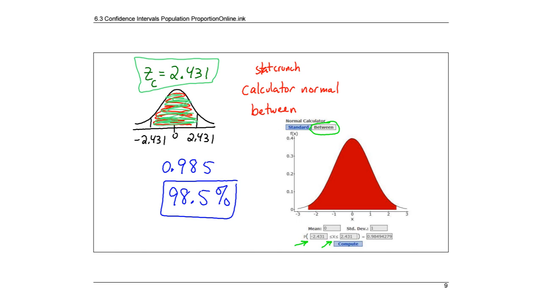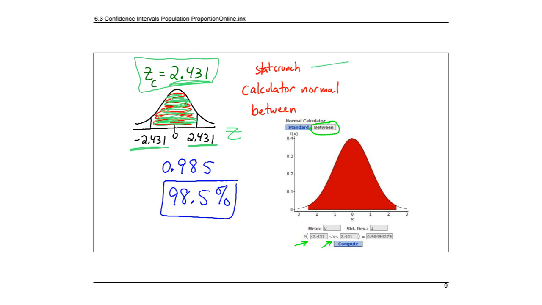Because of symmetry, I'm going to have 2.431 on the number line on this side, and negative 2.431 on this side. And because this is a critical value, I know that I have to make the area be between. I'm looking for the area. That's going to be my answer.